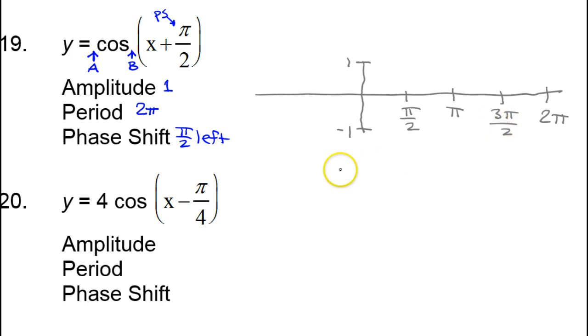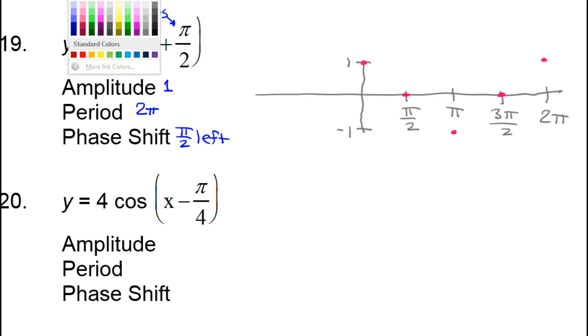And in between these two should be 3 pi over 2. Now, if there was no phase shift, the cosine function would look like this. It would start off at 1, and it would go down to the midline, and then it would go low, and back to the midline, and it would go back up to 1 again. Now, with the phase shift, I have to move each one of these points to the left by pi over 2.